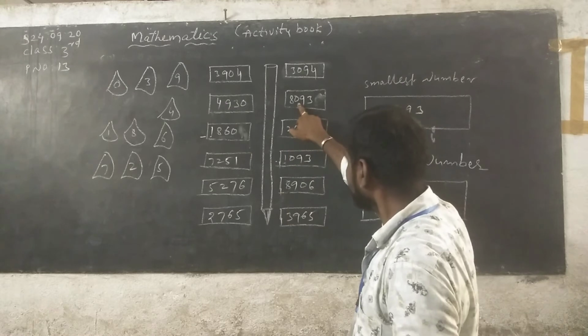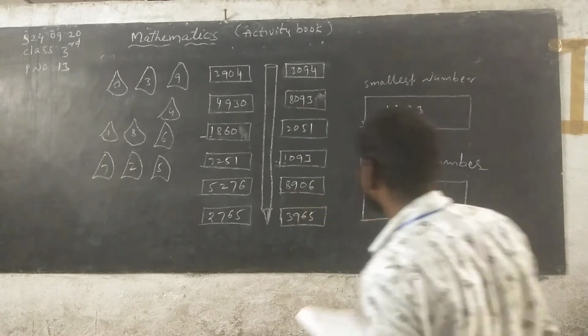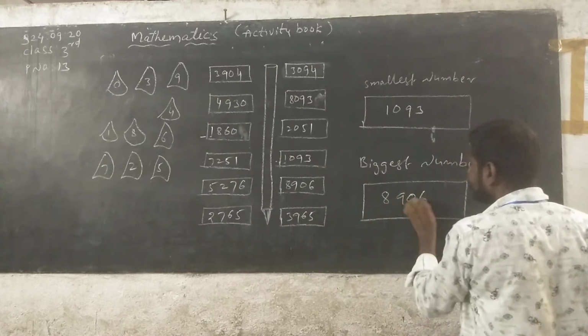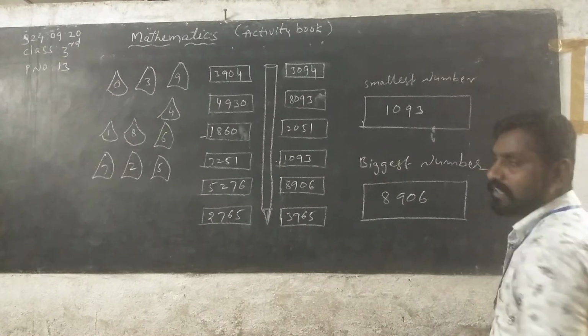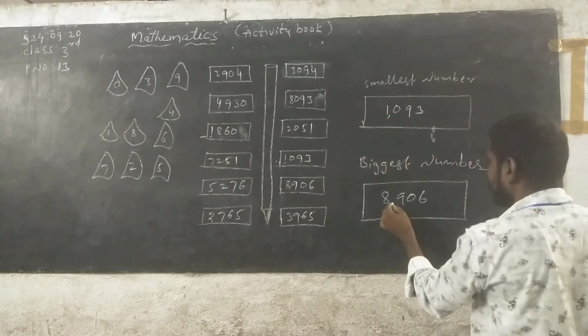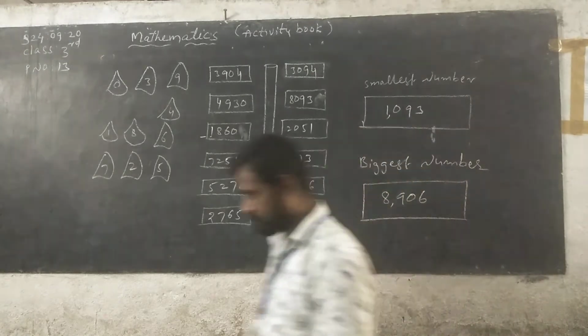In the hundreds place, here 9, here 0. So 9 is greater than 0. So the biggest number is 8906. While writing the given number, you can put the comma after the thousands place, like 1,093 and 8,906.